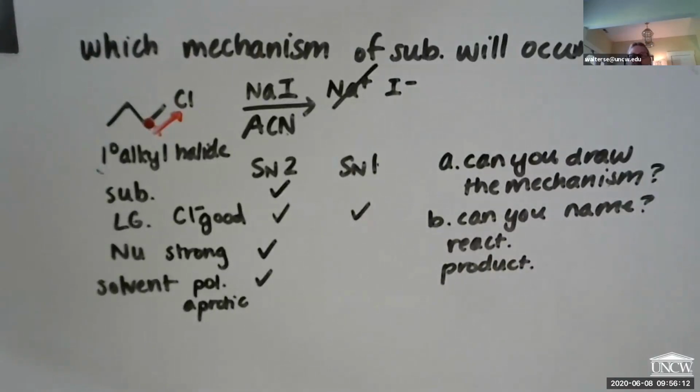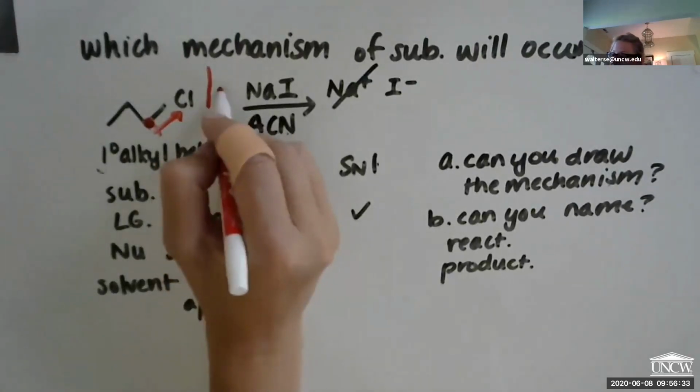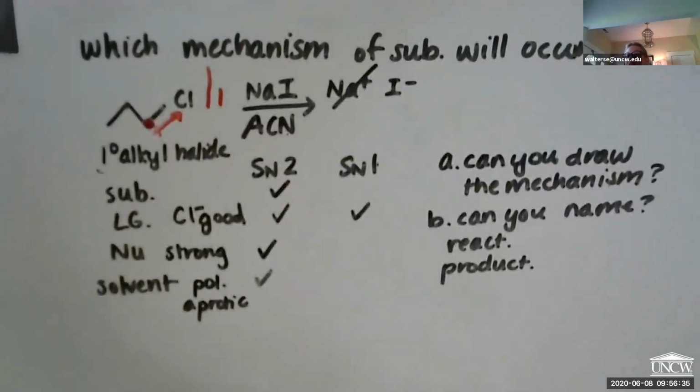Now, one of the things that is common moving forward at this point is to bring back and keep working on IR and mass spec. So chloride is a 3-to-1 ratio in M to M+2.